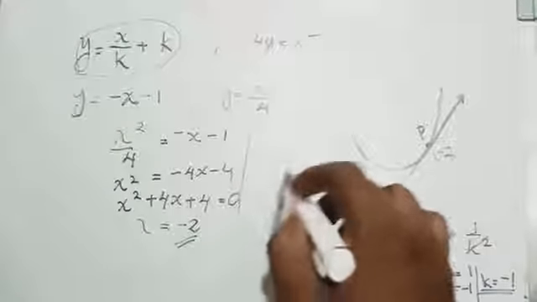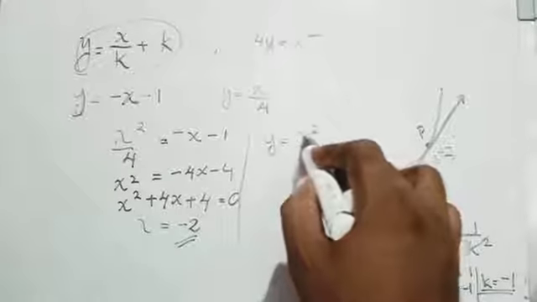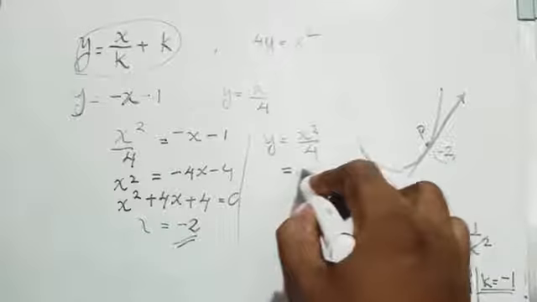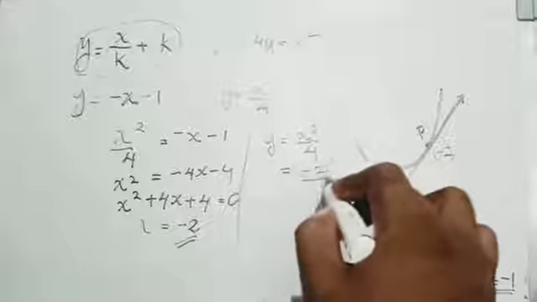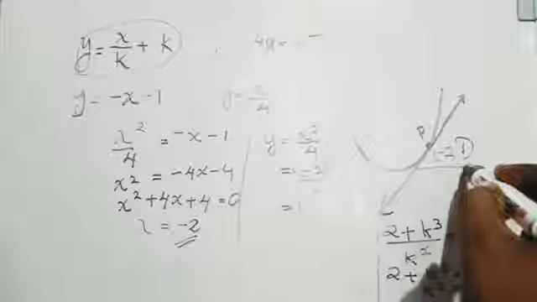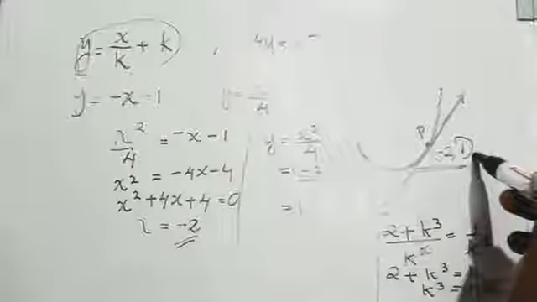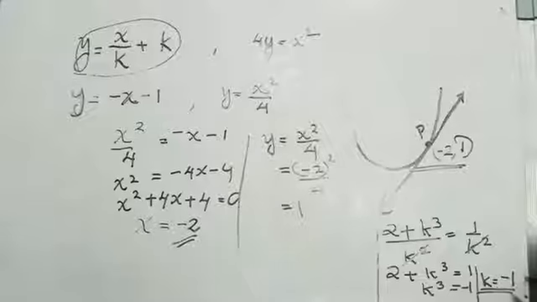Now you know how to find the value of y, which is x squared by 4, that is minus 2 squared by 4, which is equal to 1. So the point P is minus 2, 1, and k is minus 1 as results.